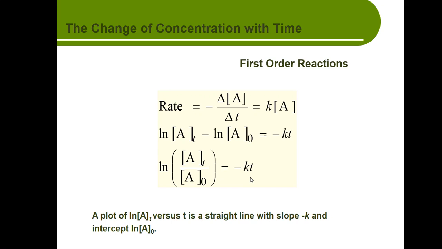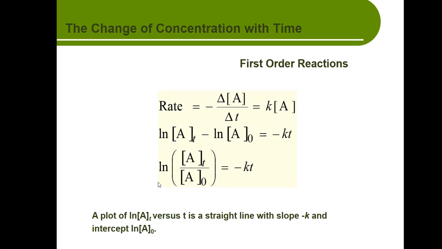In terms of plotting, this will require you to review linearization of this particular equation. If you use the properties of ln, since we have division, this would be ln of the final concentration of A minus ln of the initial concentration of A being equal to negative kt.